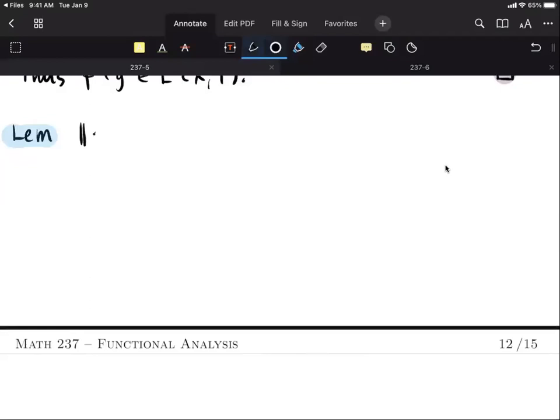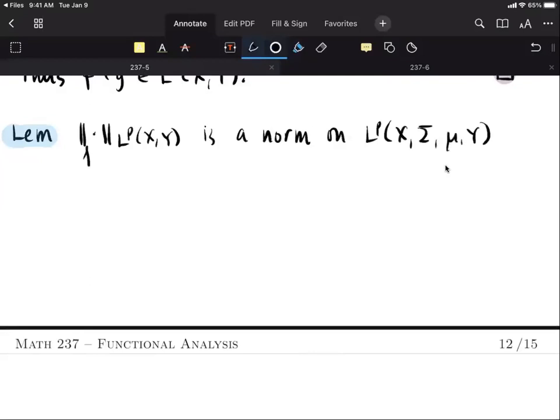So this is a norm on this Lebesgue space, of course, for p from 1 to infinity. Again, let us split the proof into two cases: if p is infinity and if p is finite.